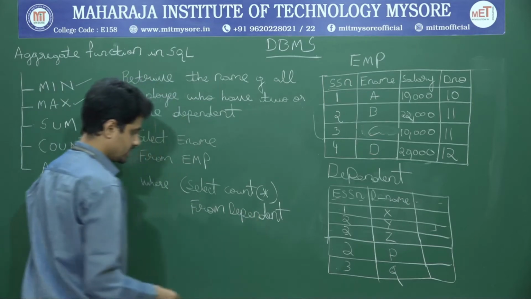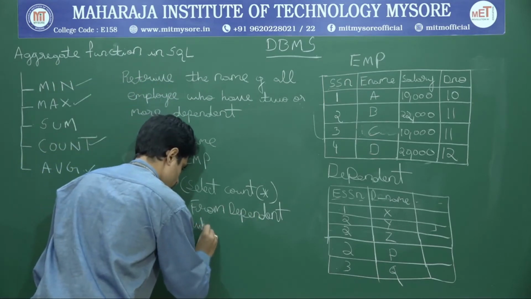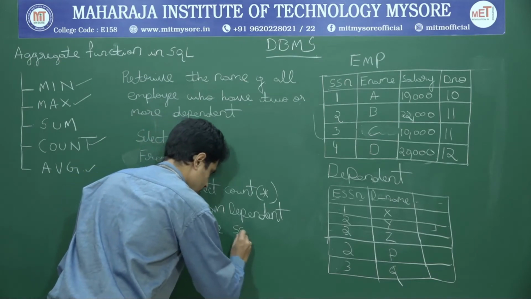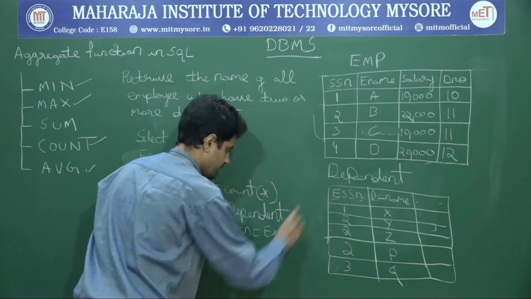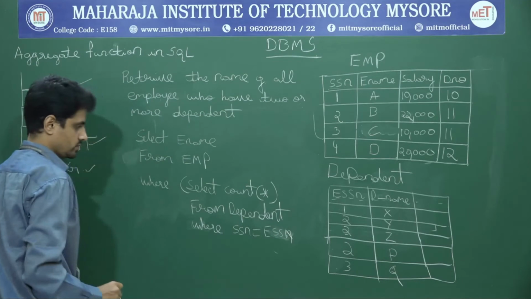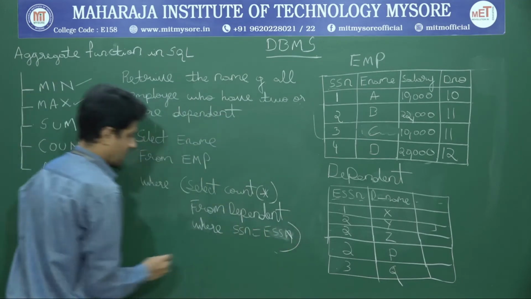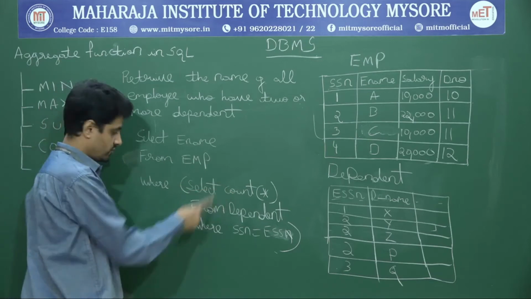From dependent where SSN equals ESSN. Okay, and this is an attribute what I am taking here for the where clause.